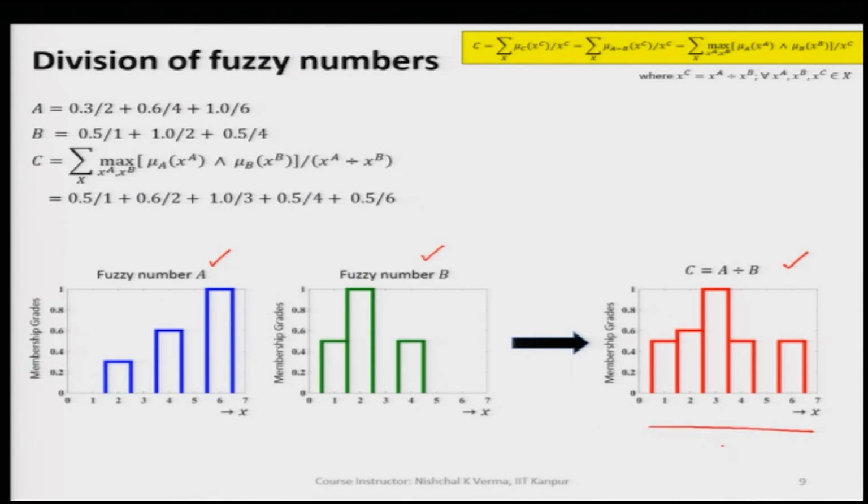In this case it looks like a fuzzy number. C is a fuzzy number because this is a normal fuzzy set, and then we can check convexity, and if this follows convexity, we can say the C fuzzy set is a fuzzy number.